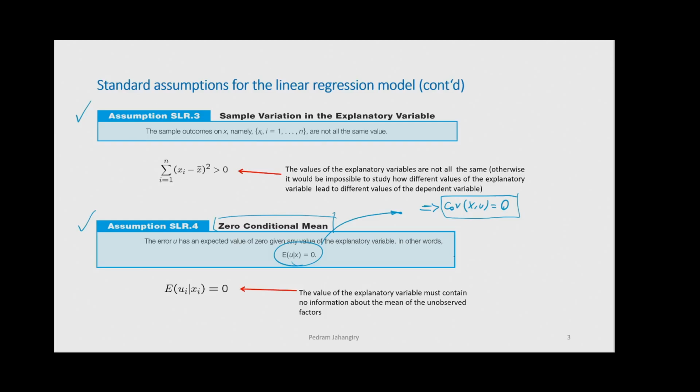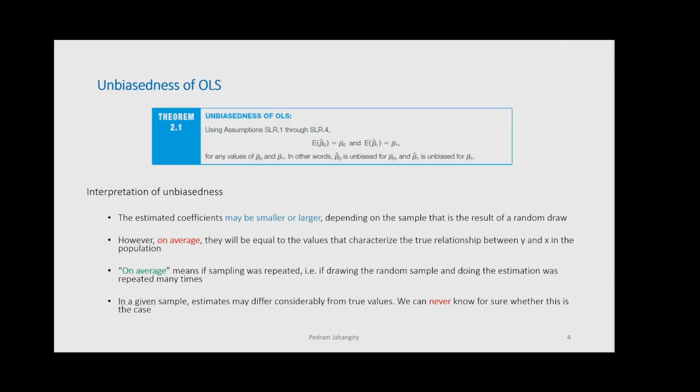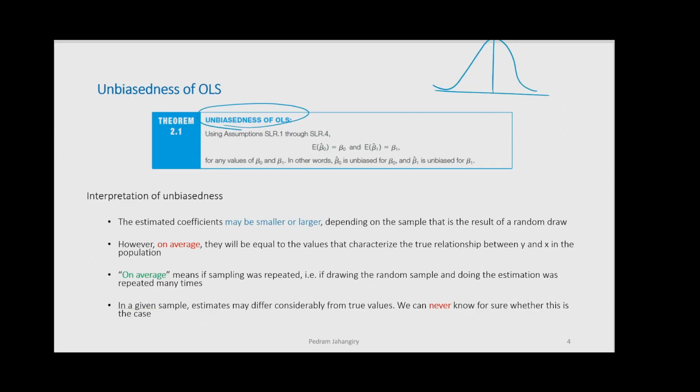All right. Then we said, based on these 4 assumptions, what can we do? There was a theorem, the unbiasedness of OLS. Having these 4 assumptions, we are sure that the OLS coefficients are on average hitting the target. So the expected value of beta hat 1 is exactly equal to beta 1, which is unobservable.